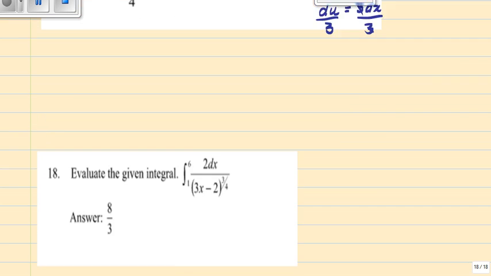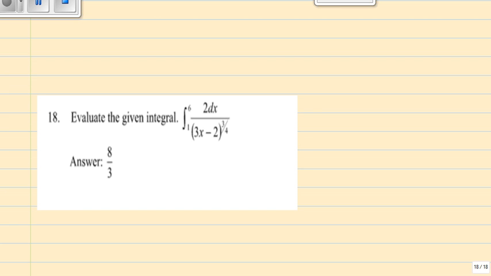Number 18, definite integral. So again, the only hope we have, let u equal to 3x minus 2. So differential of u is going to be equal to 3 dx. So this is equal to, divide both sides by 3.